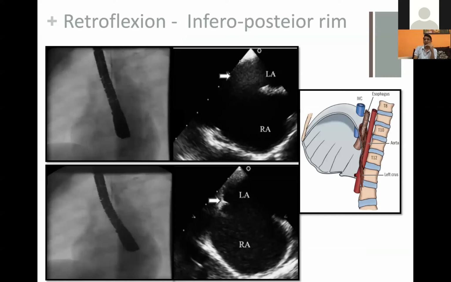Now, this is about retroflexion. As we know, with ultrasound characteristics, the closer it is to the structure, the poorer is the definition of that structure. Once the IVC is very close to the esophagus, since the probe is very close to it, we may not be seeing it. Once you do a retroflexion, it moves the probe away from the IVC, and you start seeing the IVC rim. This may be important in cases where we have decided to attempt device closure despite a small rim.